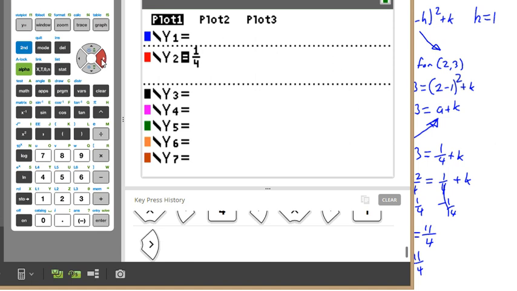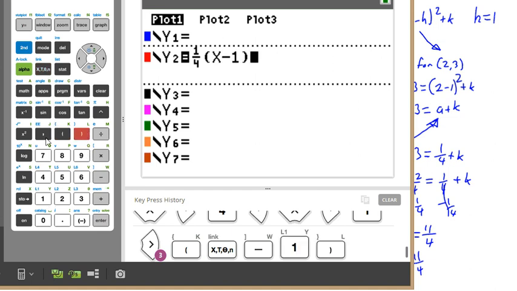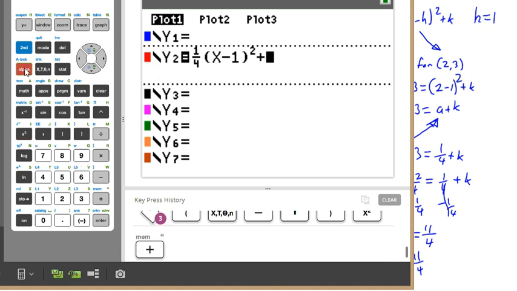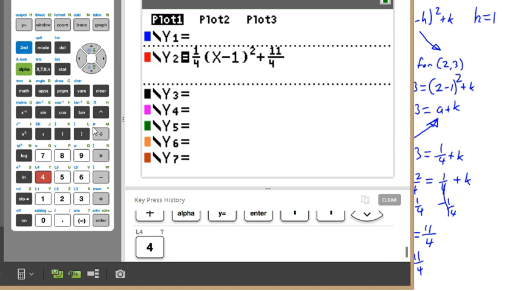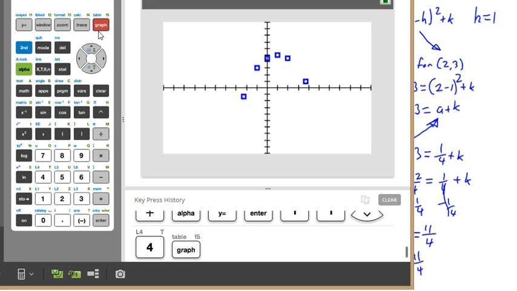I'm going to put quantity x minus 1 squared, and then we have plus 11 fourths. Was that right? 11 over 4. So we graph this, and we have the other points.